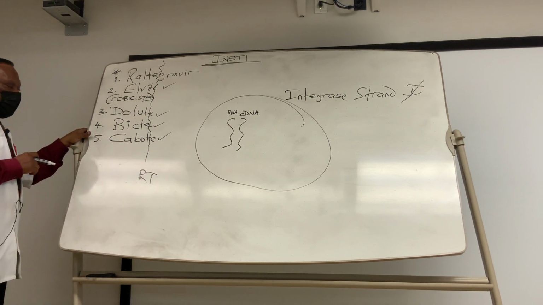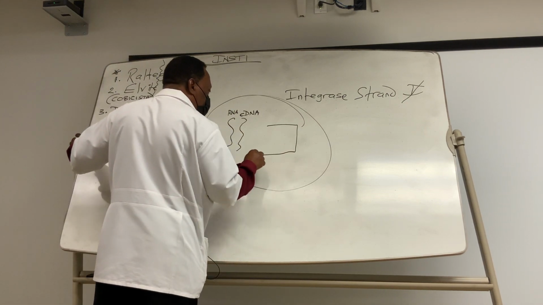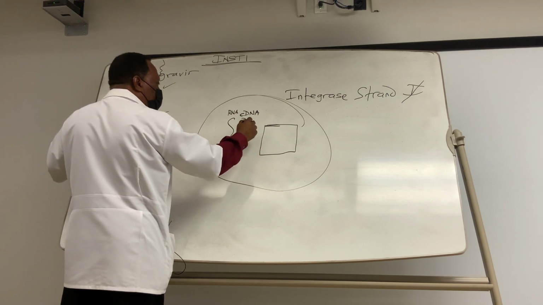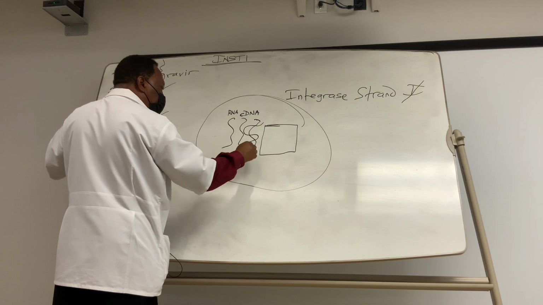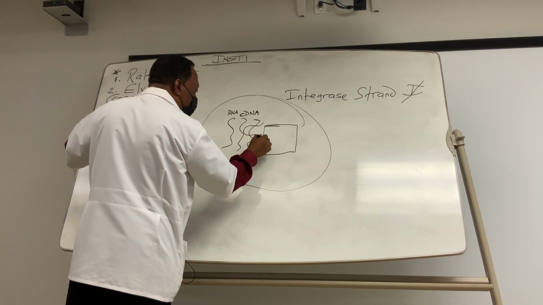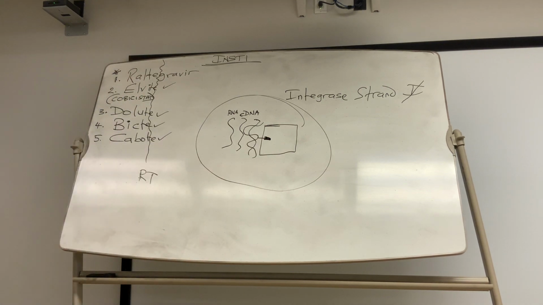Okay. And then this is the nucleus over here. So the DNA that is formed now will be a helical or double helix DNA, which can then go into the nucleus of the host cell.